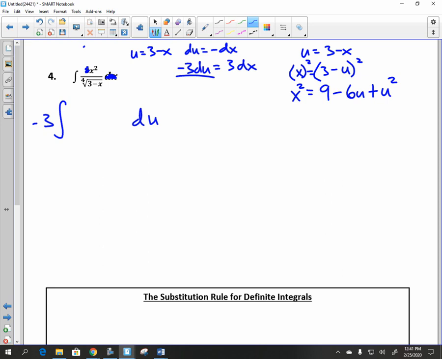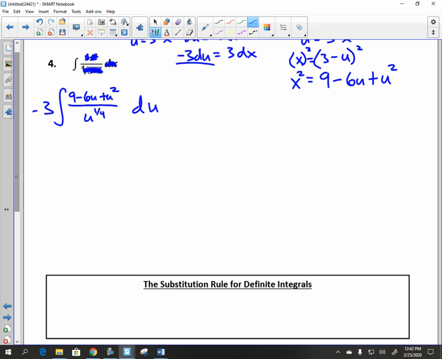What do I put in place of x squared? 9 minus 6u plus u squared over u to the 1/4. Oh yeah, that's kind of ugly, but it's going to be really cool.